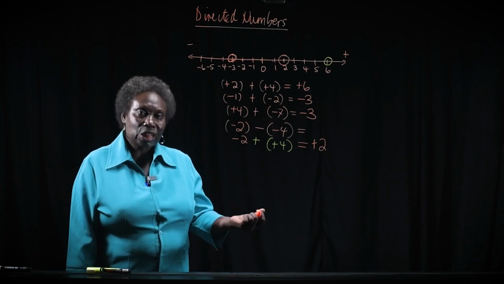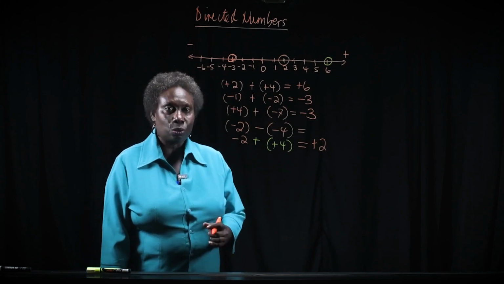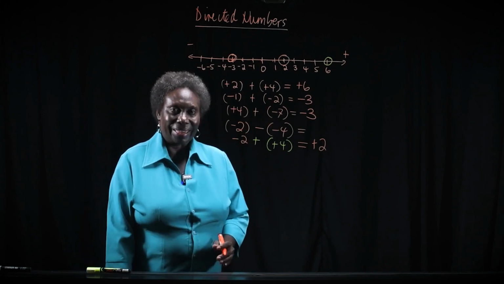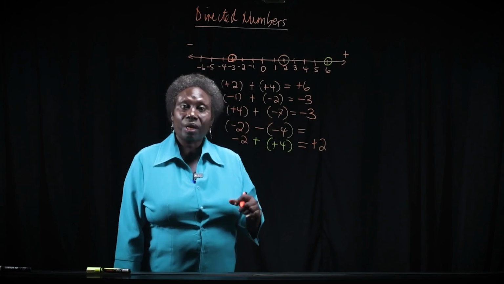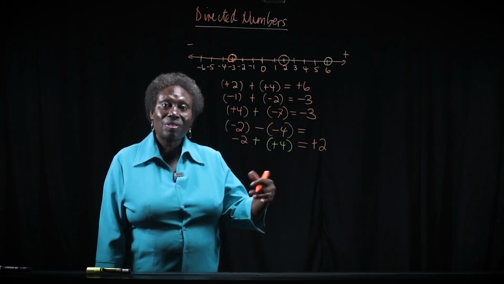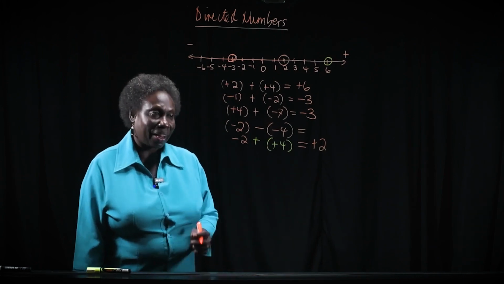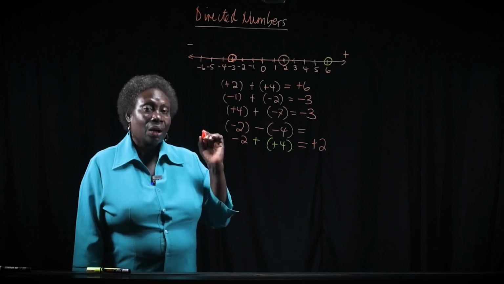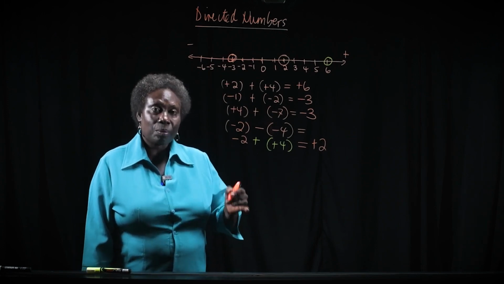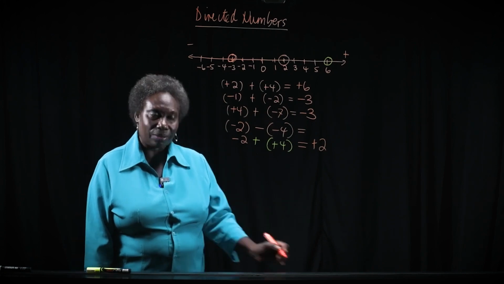With multiplication and division of directed numbers, we are not going to use the number line. We will strictly follow the rules. Whether you like it or not, we just have to accept what the rule tells us to do. When we multiply directed numbers with the same signs, the answer is always positive.